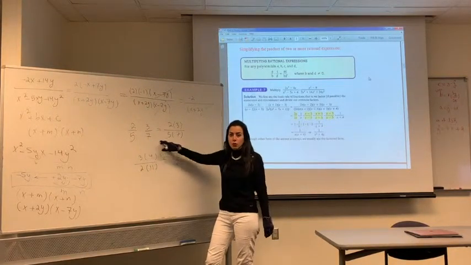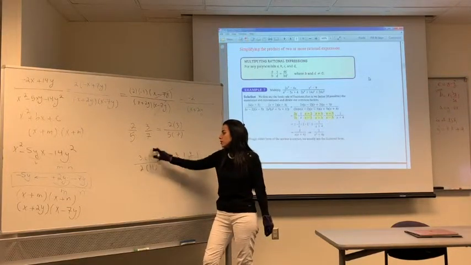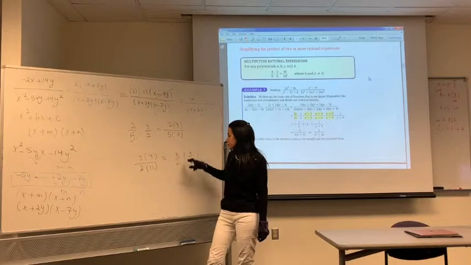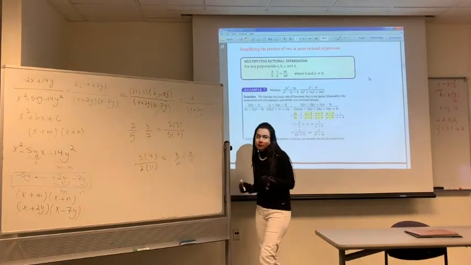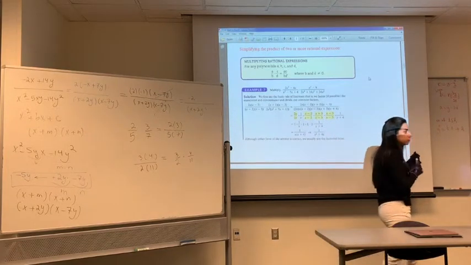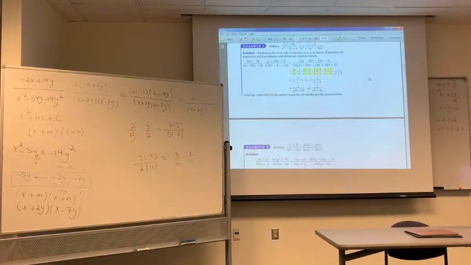So we can go from this side to this side, or from this form to this form. So we can separate these fractions and we can put them together. So we can use this method to simplify rational expressions. Okay.